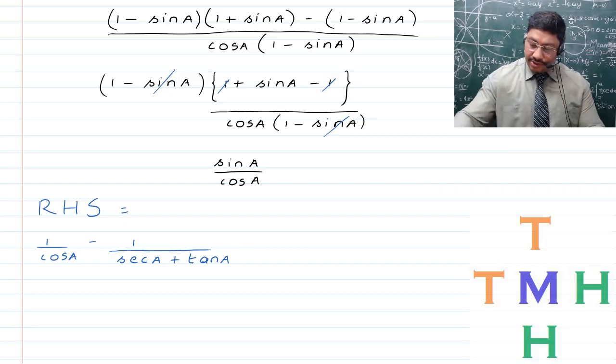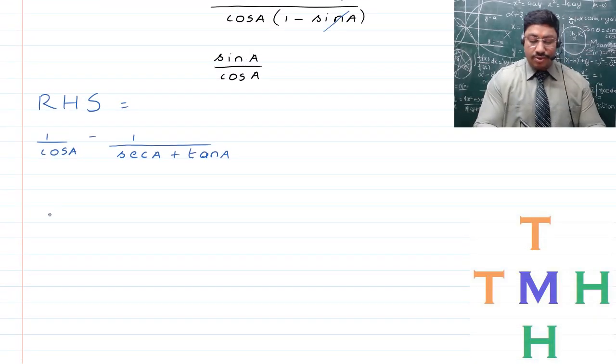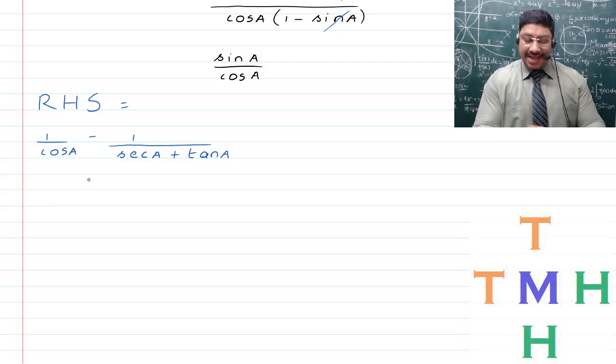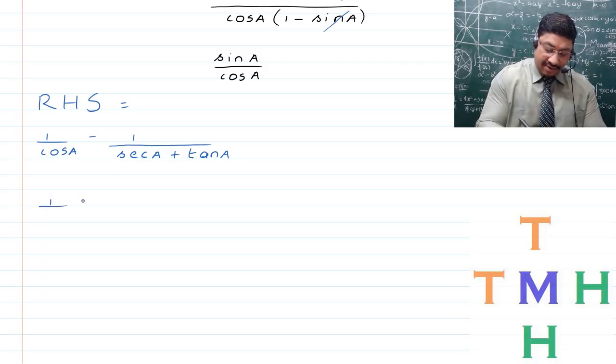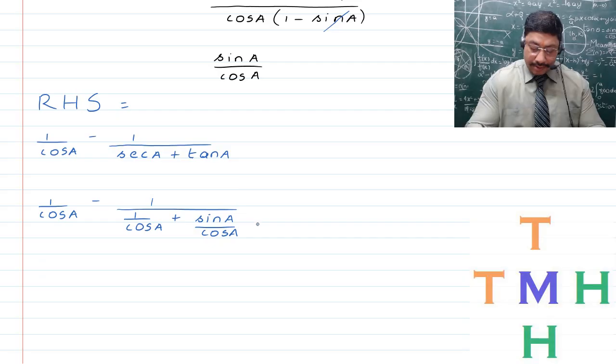So here children, next what you can do is, if you talk about this here again, you can convert all the terms in terms of sine and cos. So on the left hand side you have a 1 upon cos A, which will remain to be as it is, and in the second term we will now have some changes, as this is going to become equal to 1 upon cos A, to which is going to be added sine A upon cos A. So for the children, next, as we have fractions, our task is to take an LCM.